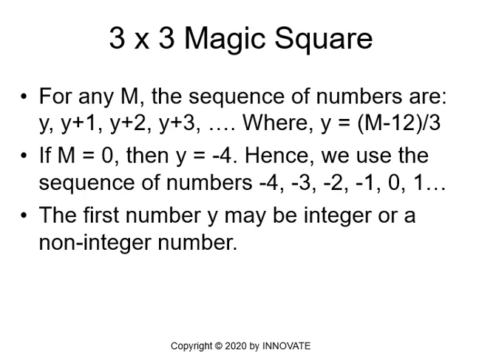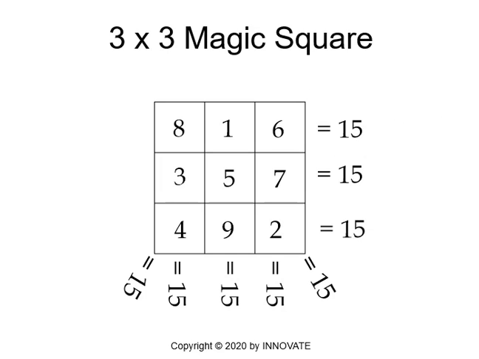Now let's look at the 3 by 3 square. The 3 by 3 magic square looks like this. 8, 1, 6, the first row; the second row 3, 5, 7, and they will add up to 15. 4, 9, 2, they will add up to 15. The diagonal 8 plus 5, 13 plus 2, 15. This diagonal 6 plus 5, 11 plus 4, 15.